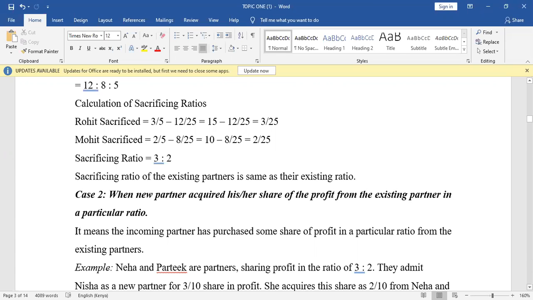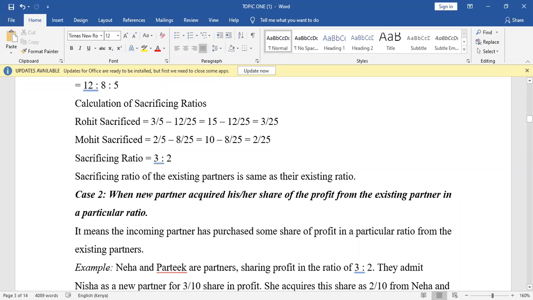That is to say, the incoming partner is going to purchase his ratio from the existing partners. So in that scenario, where the new partner purchases his ratio from the existing partners, is what we need to use so that we can come up with the new ratio.